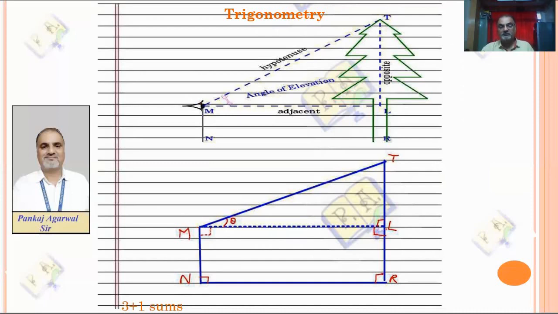Observe that the angle TML is the angle of elevation. Since you already have a height MN as compared to the tree TR, we have rectangle MNRL, and we always have to prove the rectangle in such kinds of questions. Remember, we are going to solve 3 plus 1 sums of such kinds.